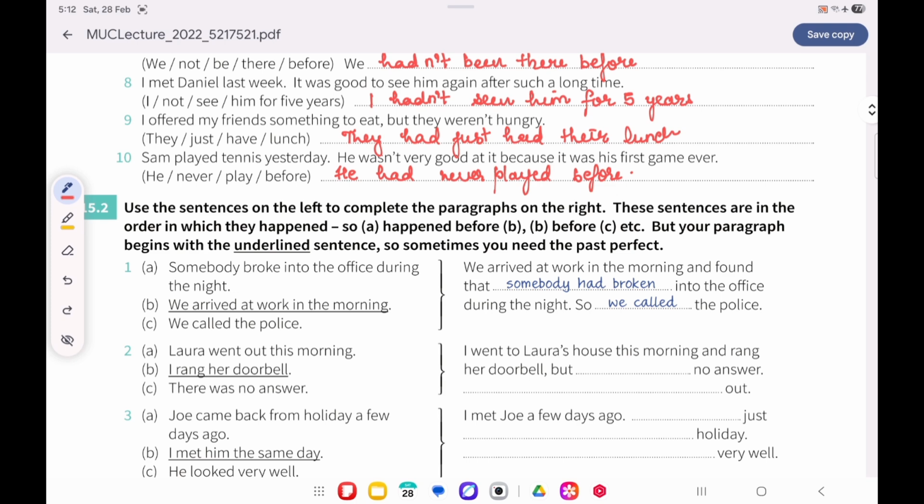So first, somebody broke into the office during the night. We arrived at work in the morning. We called the police. So we arrived at work in the morning and found that somebody had broken into the office during the night. So we called the police.